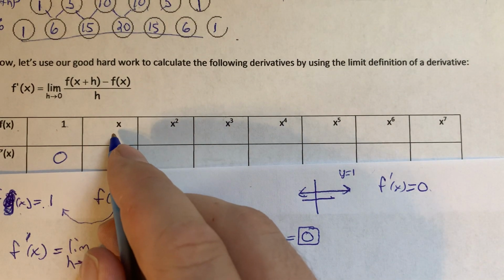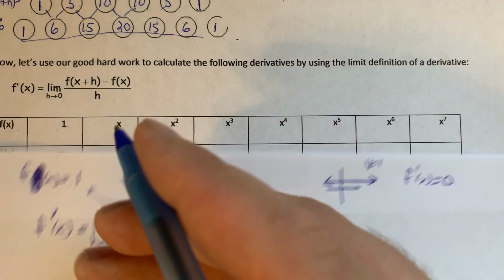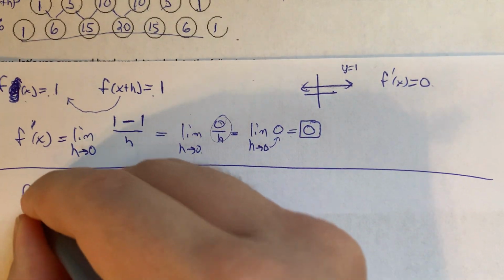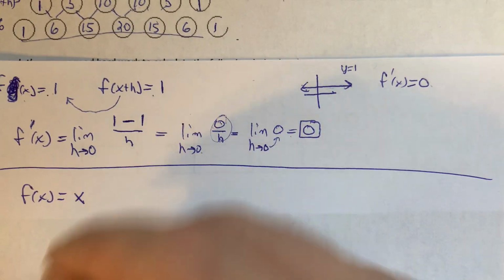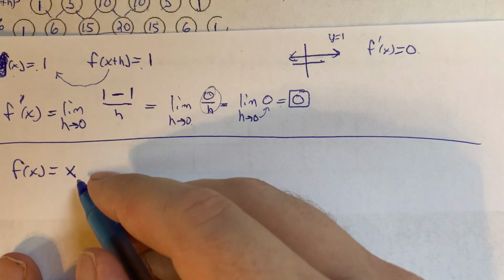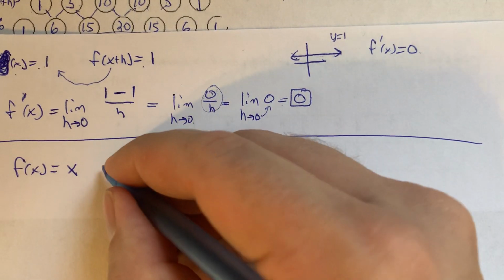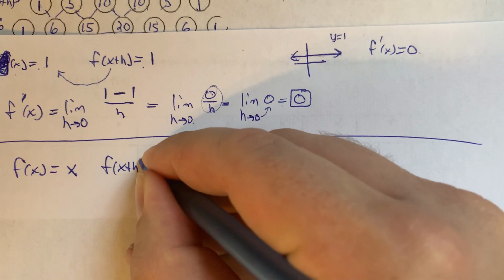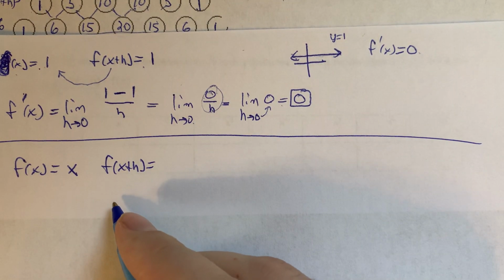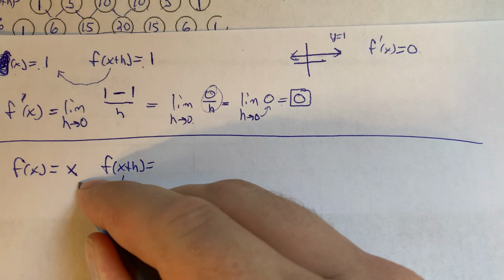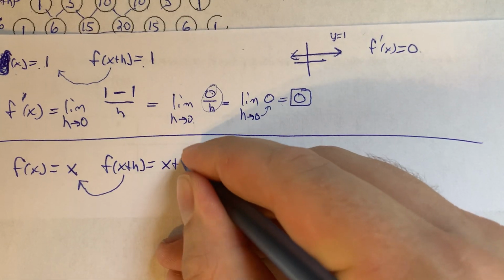Let's look at this next one. If f of x equals x, then f of x plus h would be, we're just plugging in x plus h for x, so it's x plus h.